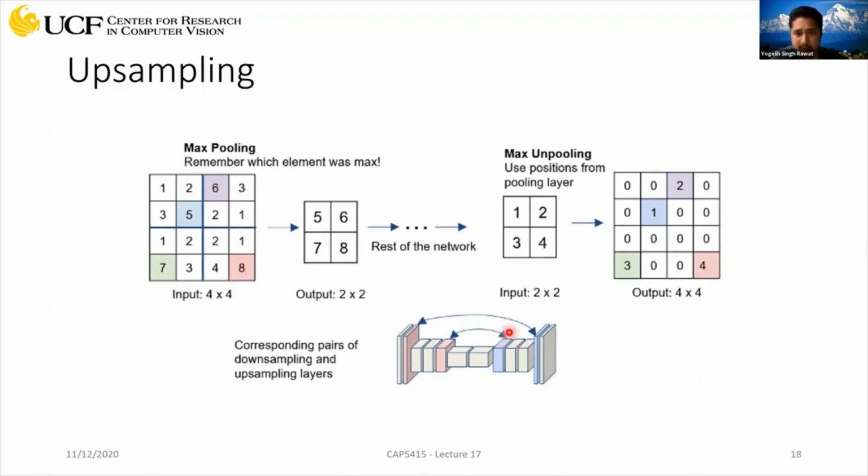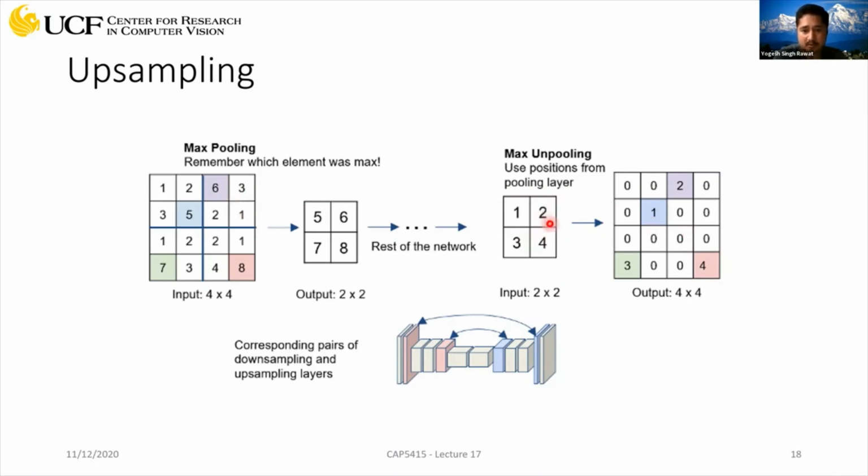And when you're performing upsampling or unpooling, you make use of that. So for example, you were at this particular location and you perform a max pooling like this. You will store this map, and when you are upsampling at the same resolution in your decoder, let's say this feature map has values like this and it's 2 cross 2. Now you will use the same max pooling map to perform this unpooling.